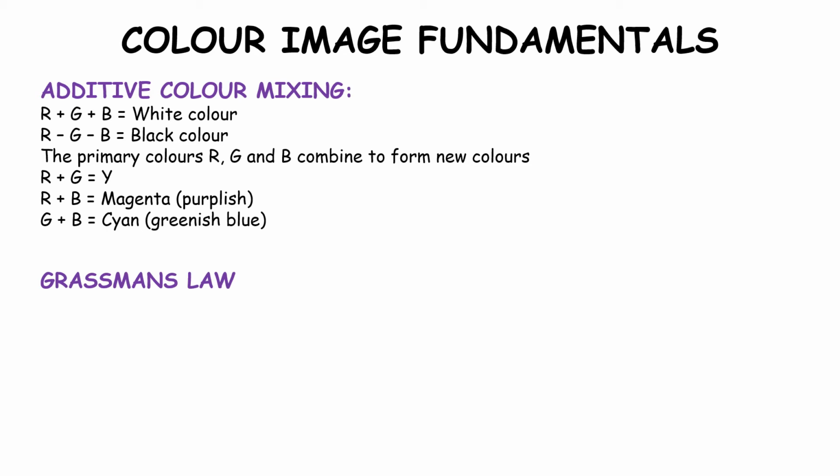The next is Grassmann's law, where our eye is not able to distinguish each of the colors that mix to form a new color, but instead only the resultant color is viewed. Based on the sensitivity of the human eye to various colors, reference white for color TV has been chosen to be a mixture of color light in this particular ratio.